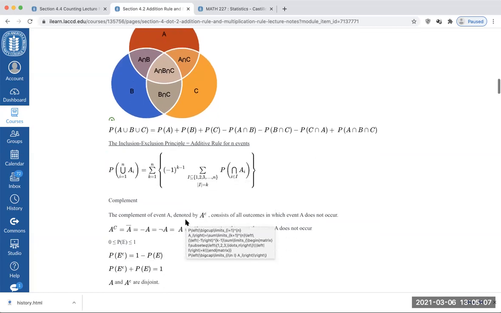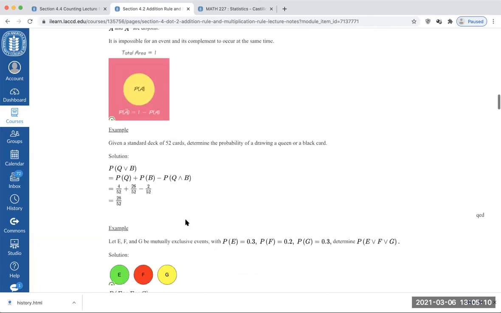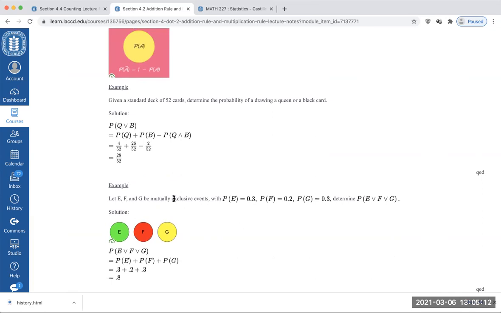Or, easier, I could read where it says they're mutually exclusive events. If they're mutually exclusive events, there's no overlap. That makes my life really easy to find the probability of E or F or G: add them up because they're mutually exclusive. Let's add up the probabilities. 0.3 plus 0.2 plus 0.3, 0.8.